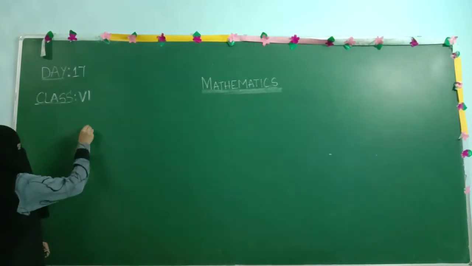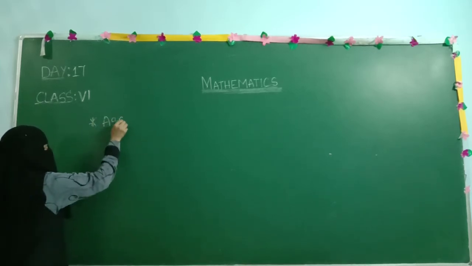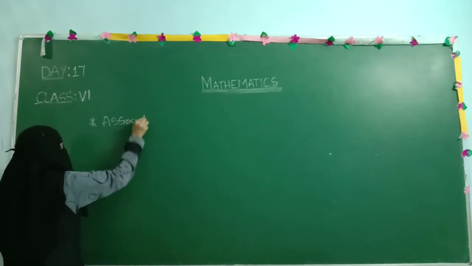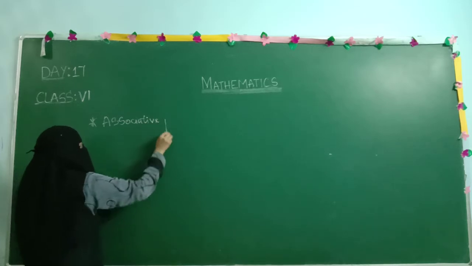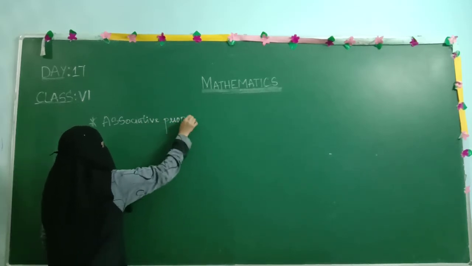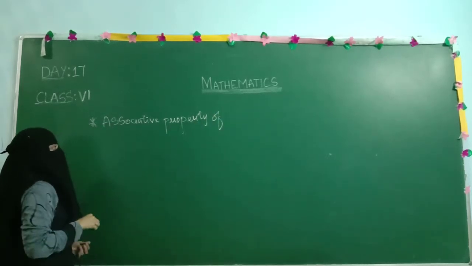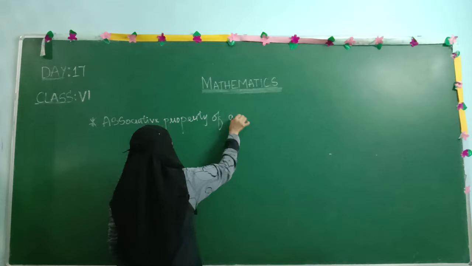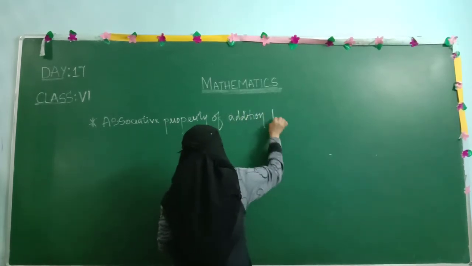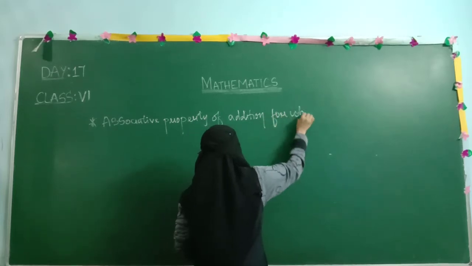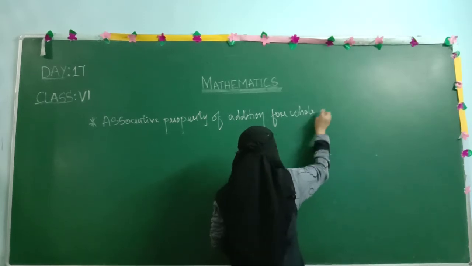Okay, so our topic is associative property of addition for whole numbers. We are checking whether whole numbers are associative or not.